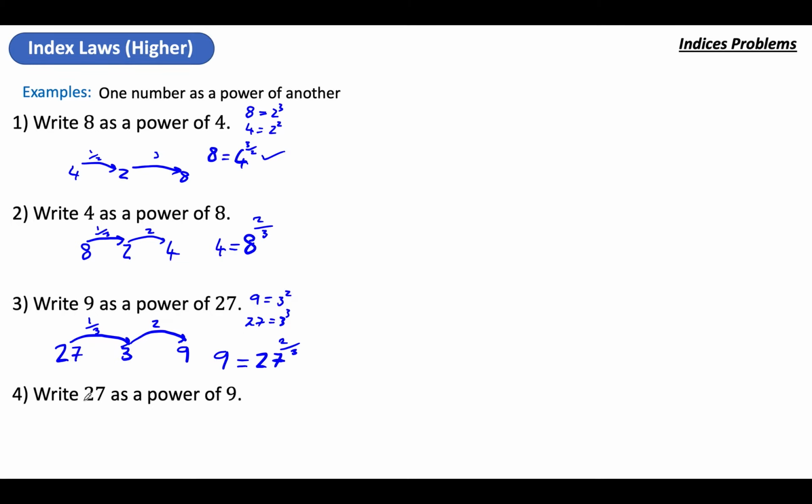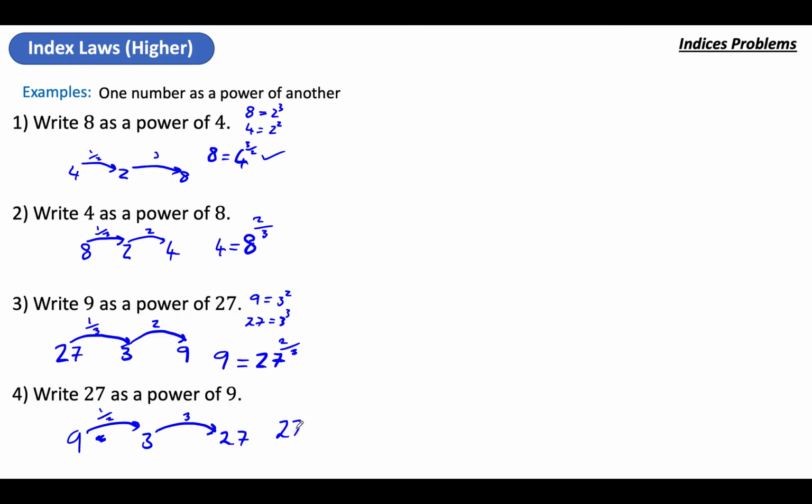Both of these have got the common base number of 3, haven't they? 27 is 3 cubed, 9 is 3 squared. Now we want the 9. So we are going to go from the 9 down to that common base number, and then back up to the number we want, which is 27. Now 9 is 3 squared, so I'm going to square root it to get to the 3, and then I'm going to cube it to get up to 27.